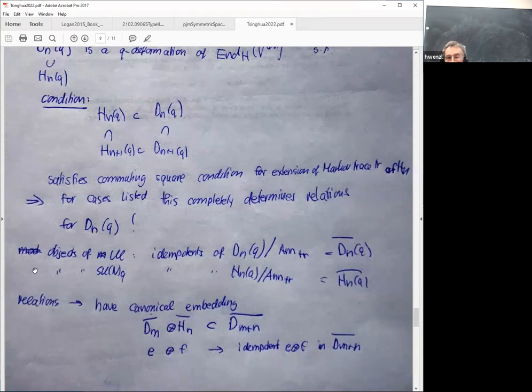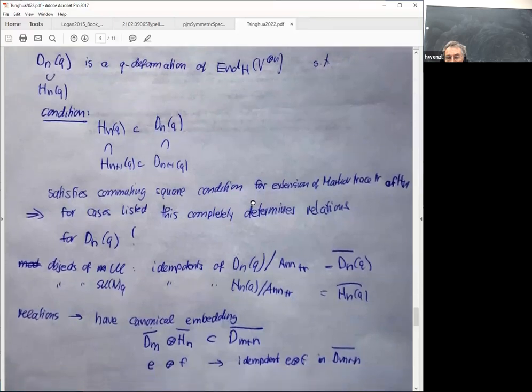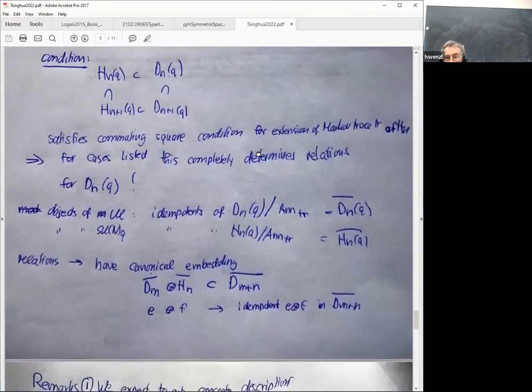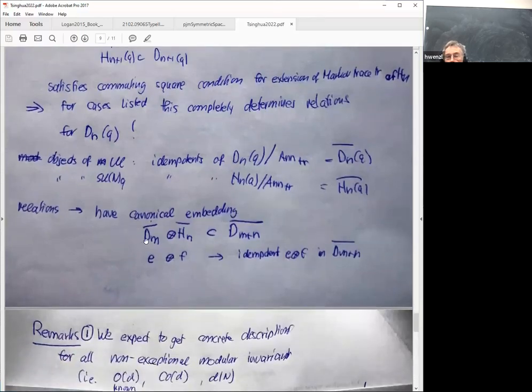And of course, the fusion category SU and K can be constructed from the Hecke algebra, again modulo the annihilator, modulo negligible morphisms. And so then the embedding, so obviously HN is a subalgebra of HN, which gives us also canonical embeddings for dm tensor HN into 2m plus n.